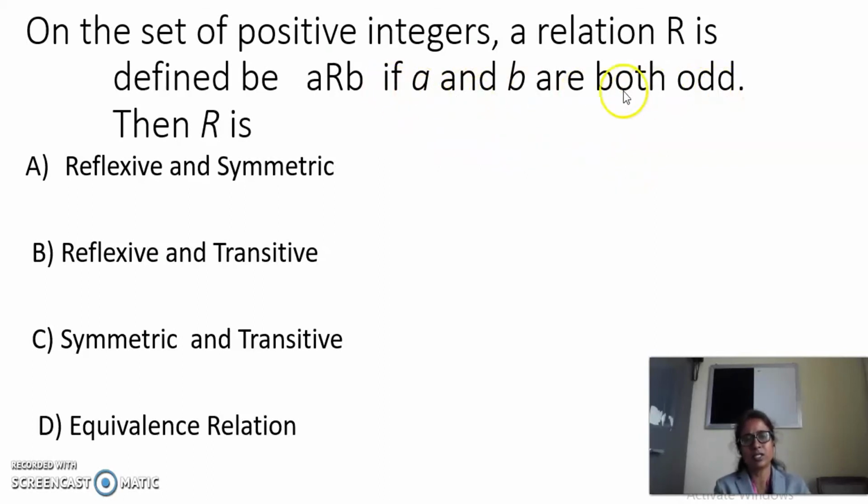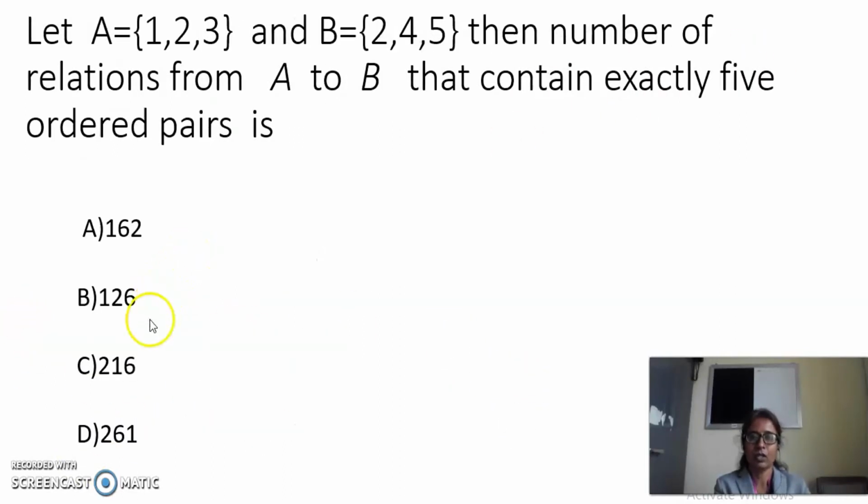So just go on changing the definition. You can observe more results here, but be very clear with the definitions of reflexive, symmetric and transitive. For a pair of lines, if L1 and L2 are parallel, then the relation is an equivalence. If L1 is perpendicular to L2, then the relation is not reflexive, it is symmetric, not transitive. Okay. For this question, the answer is C. Go to the next question.